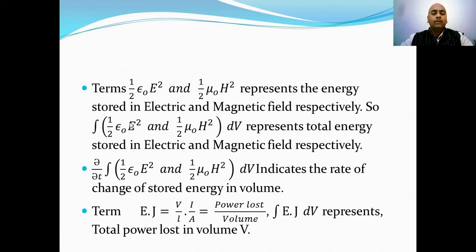So the volume integral of this represents the total energy stored in the electric and magnetic field in volume V, and the rate of change of this quantity indicates the rate of change of stored energy in volume V.